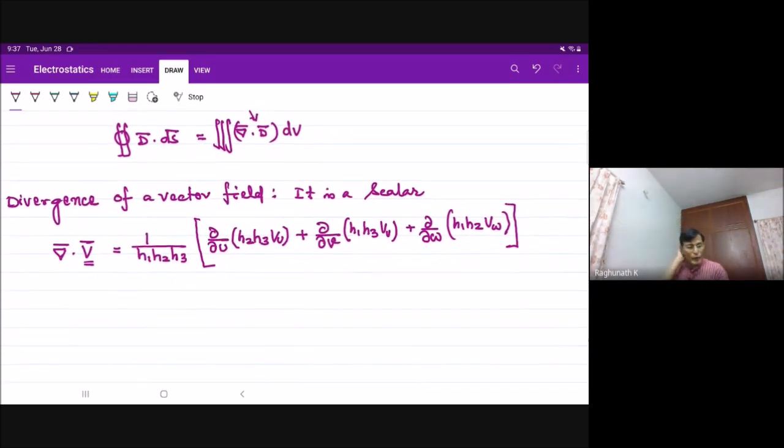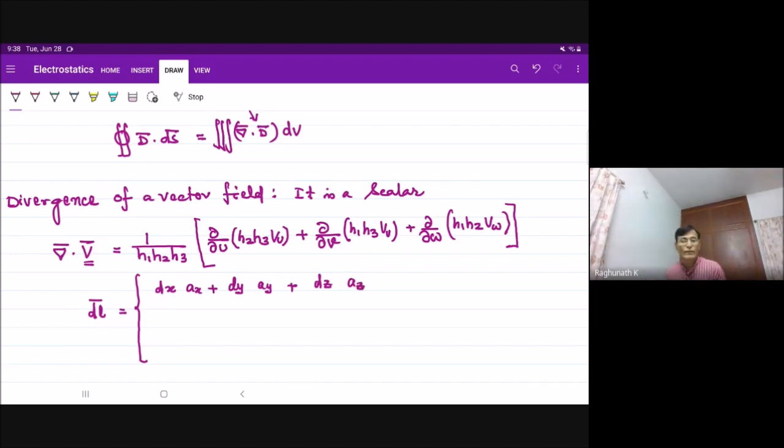I'll just speak about it. We saw that in Cartesian coordinate system, dl bar is equal to dx ax plus dy ay plus dz az.